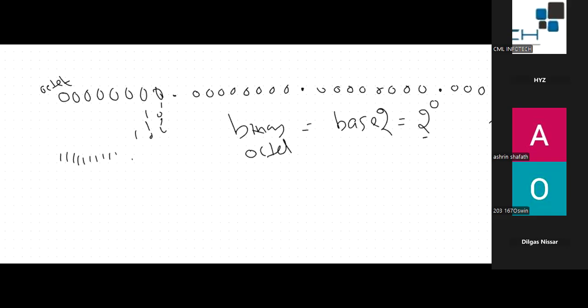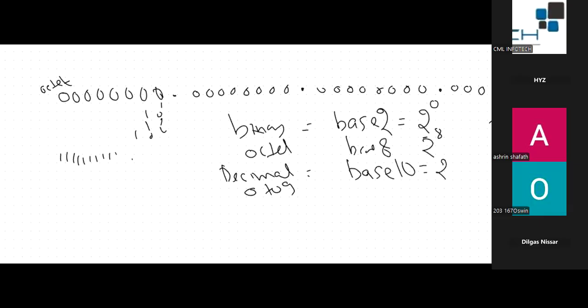That's why we call it base 8. We have a decimal number, 0 to 9, a total of 10 numbers. That's why we call it base 10.